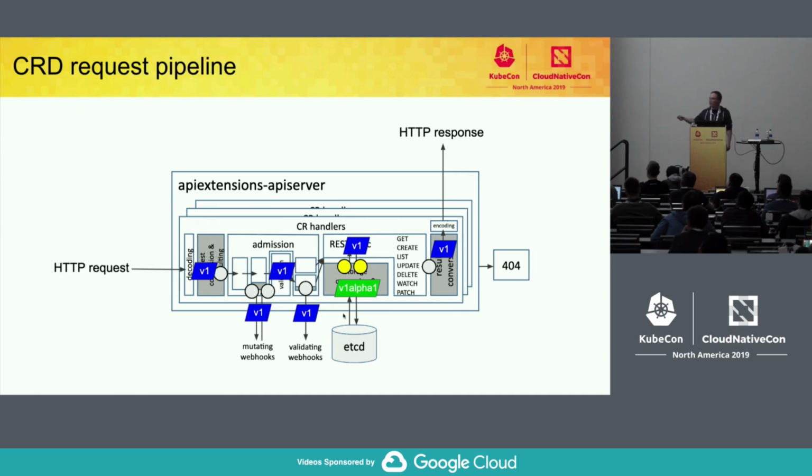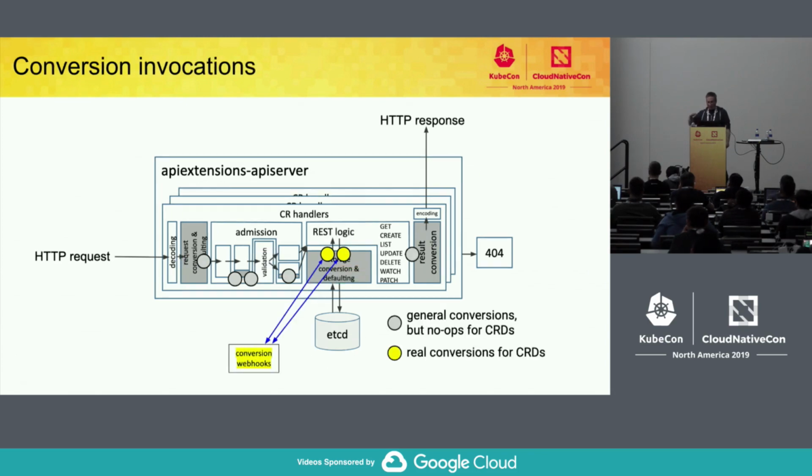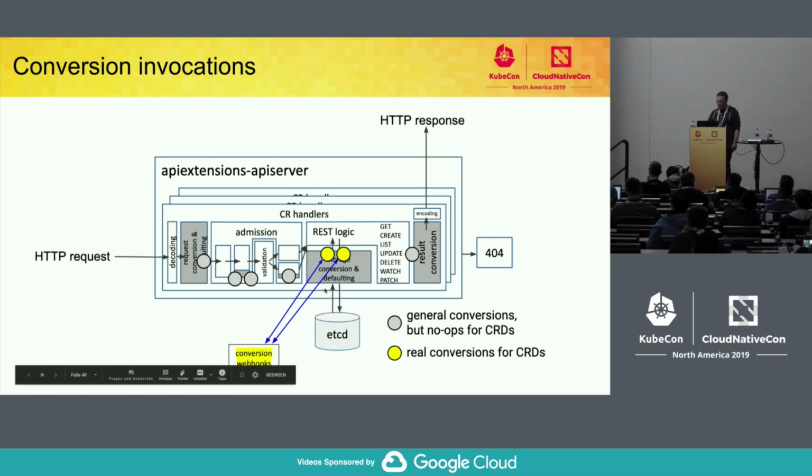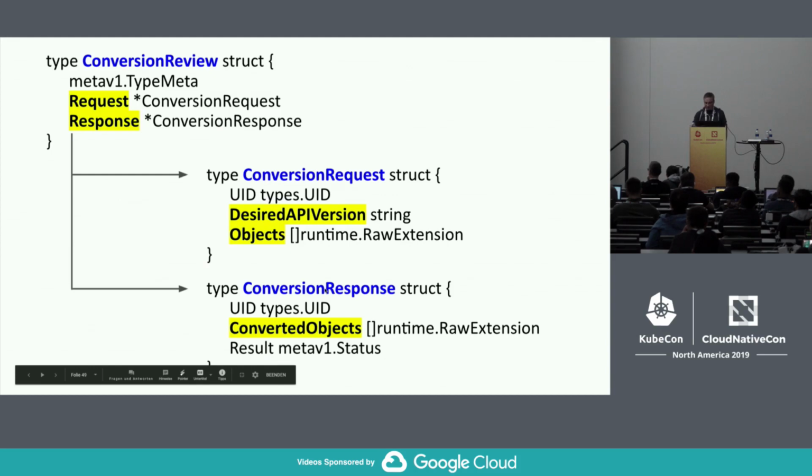There can be more if you have webhooks involved. Webhooks might require different versions. There might be many more of those calls to your webhook. But the normal case for a write operation is two. At these two points the API server calls out to your webhook. And to do that, you have to register.